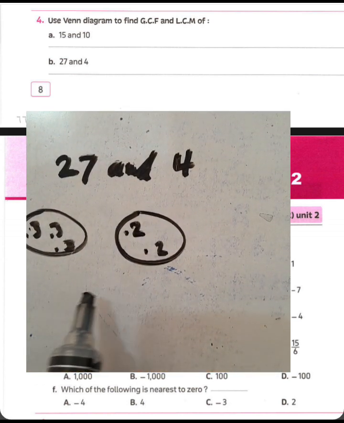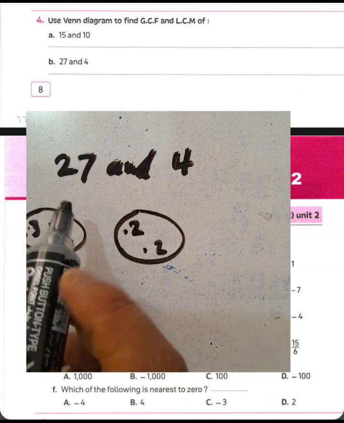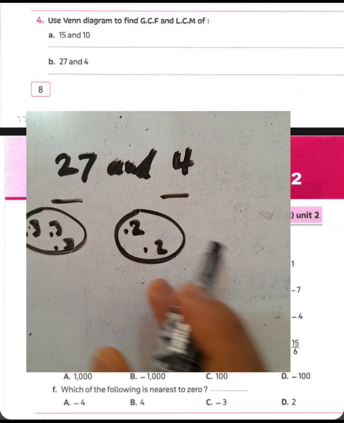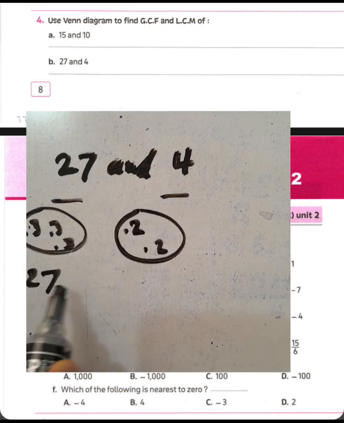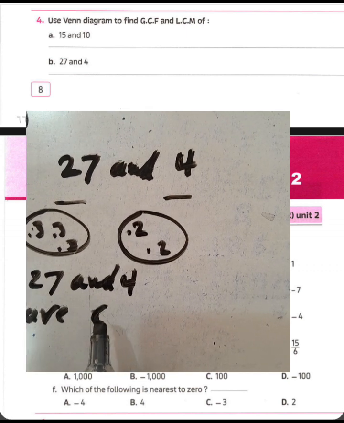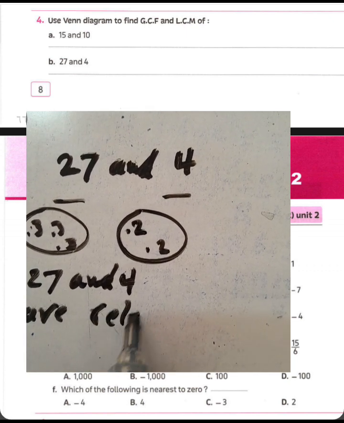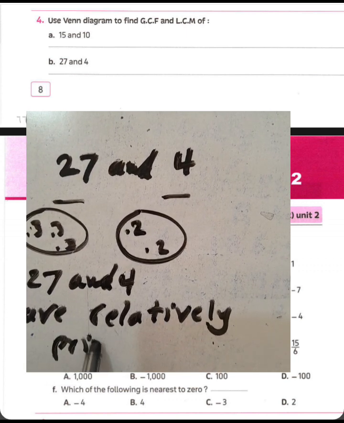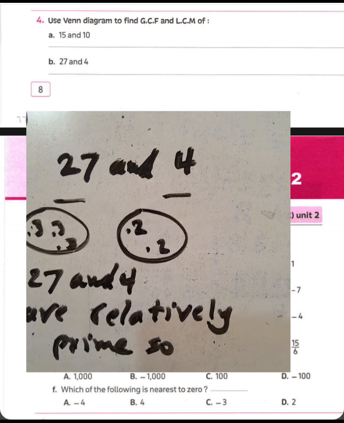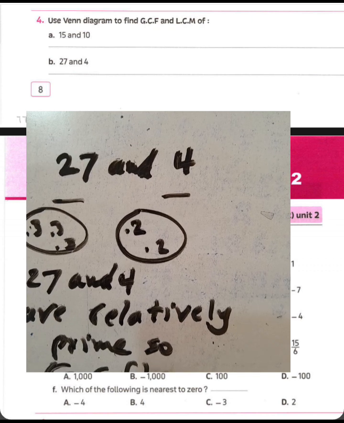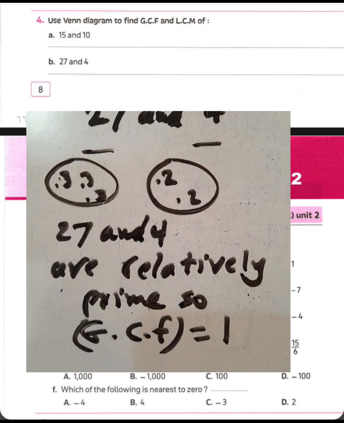We don't have a greatest common factor other than 1, because 27 and 4 are, what do we call it, relatively prime numbers. So we can find what? The greatest common factor. It will be what? 1.